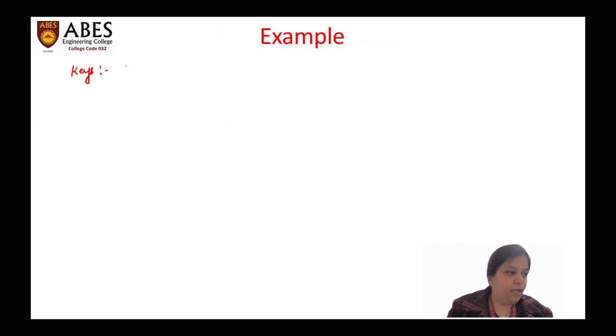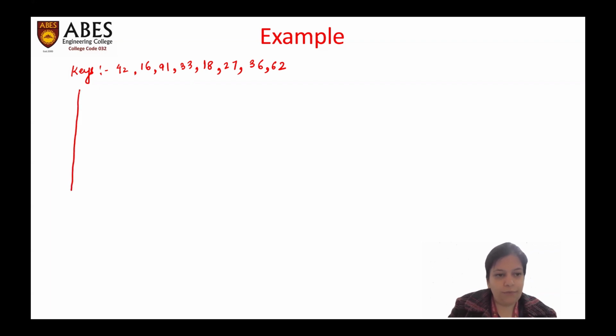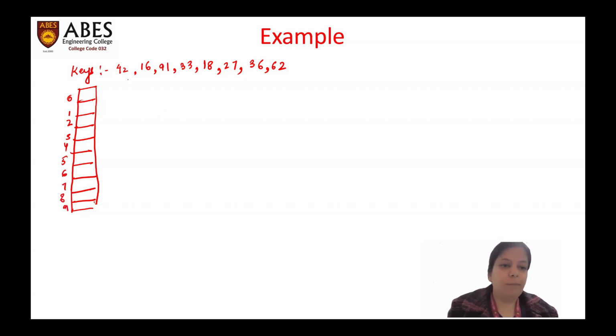Suppose the keys are 42, 16, 91, 33, 18, 27, 36, and 62, and the table size is 10 slots. So let me create a hash table here.